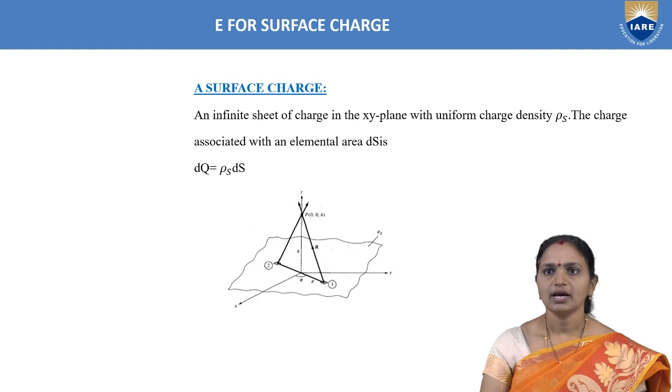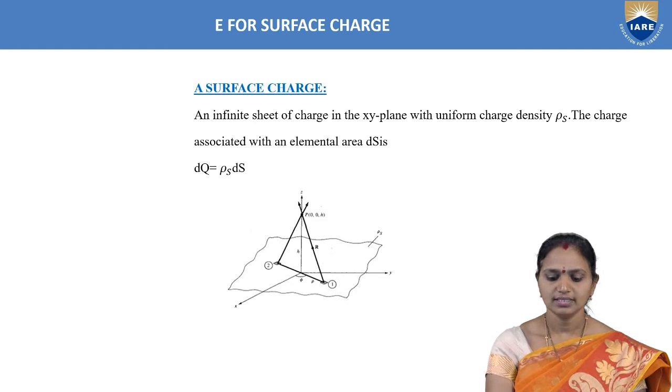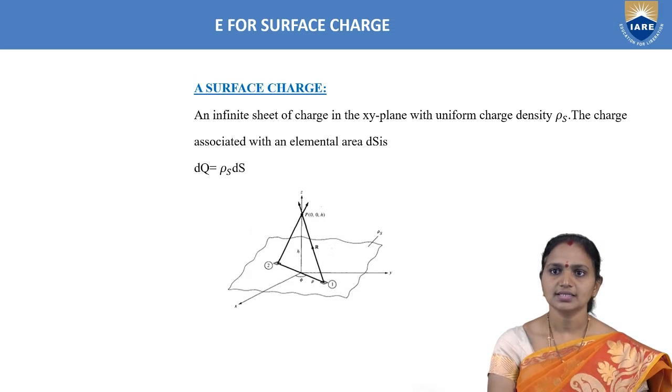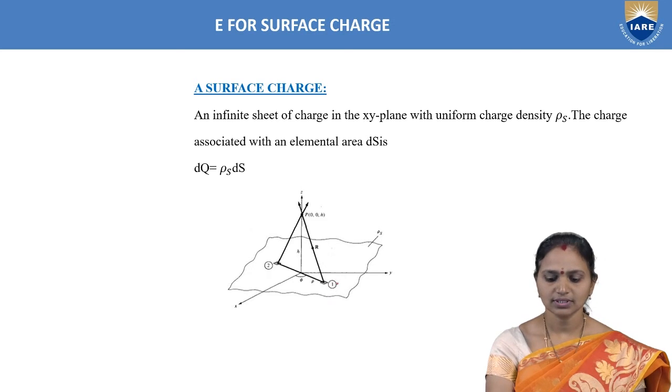Now here I have considered a surface charge, rho s, and that sheet is placed in the xy plane. The sheet has both length and breadth, and to get a surface we need at least two sides. The two sides here I have considered in the xy plane.